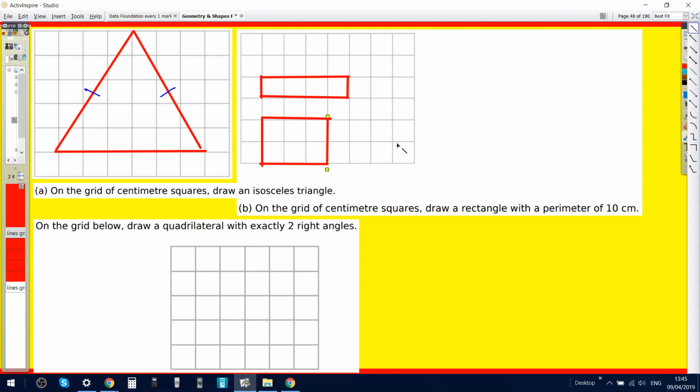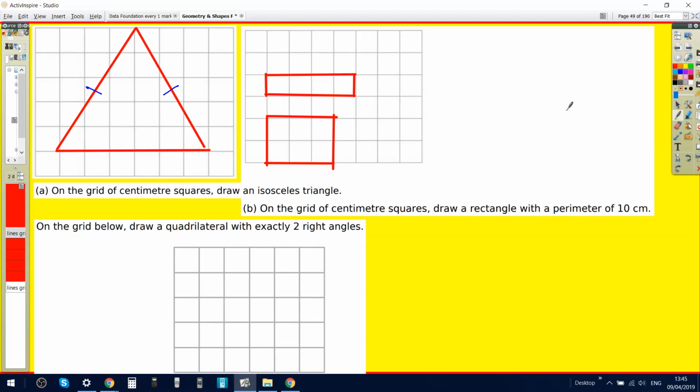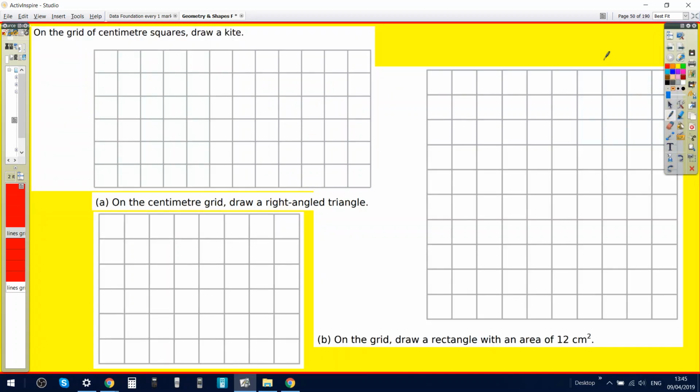So perimeter is the length around the shape. Area is the space inside the shape. Area involves multiplying, perimeter involves adding. Given a perimeter, you draw half of it and go from there.